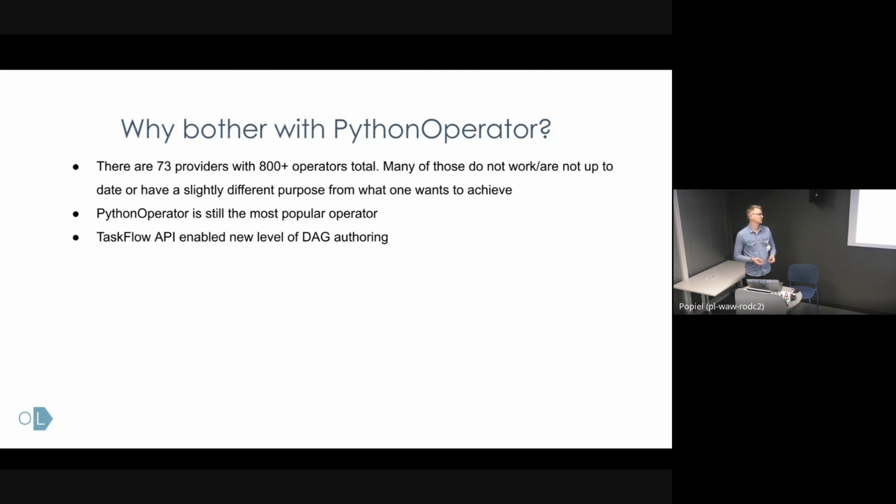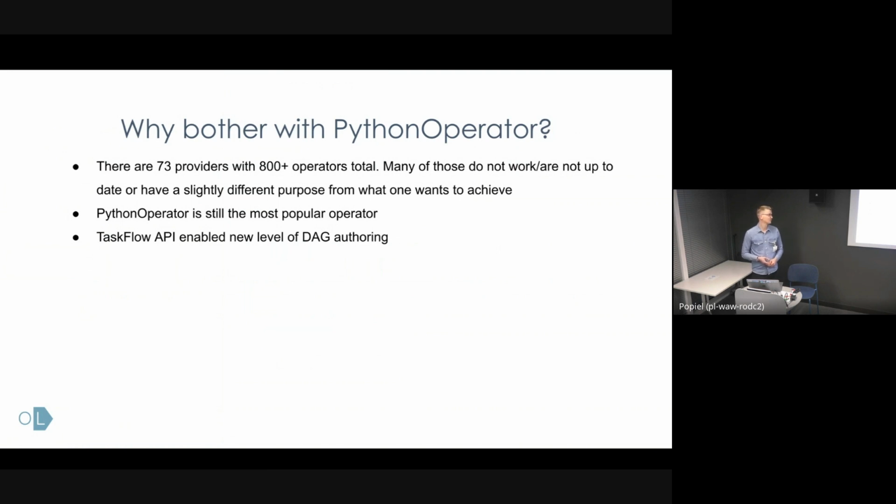And yet there are 73 providers, I checked it today, with over 800 operators total. Some of them don't work, are not up to date, or have some different purpose. We want to change something, and we write a new custom operator or just use PythonOperator instead.